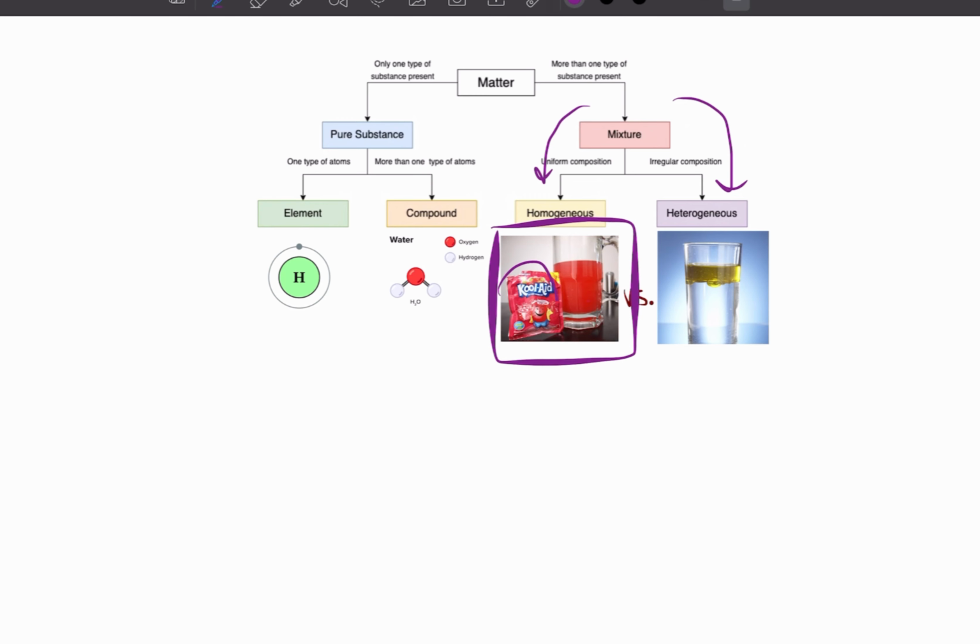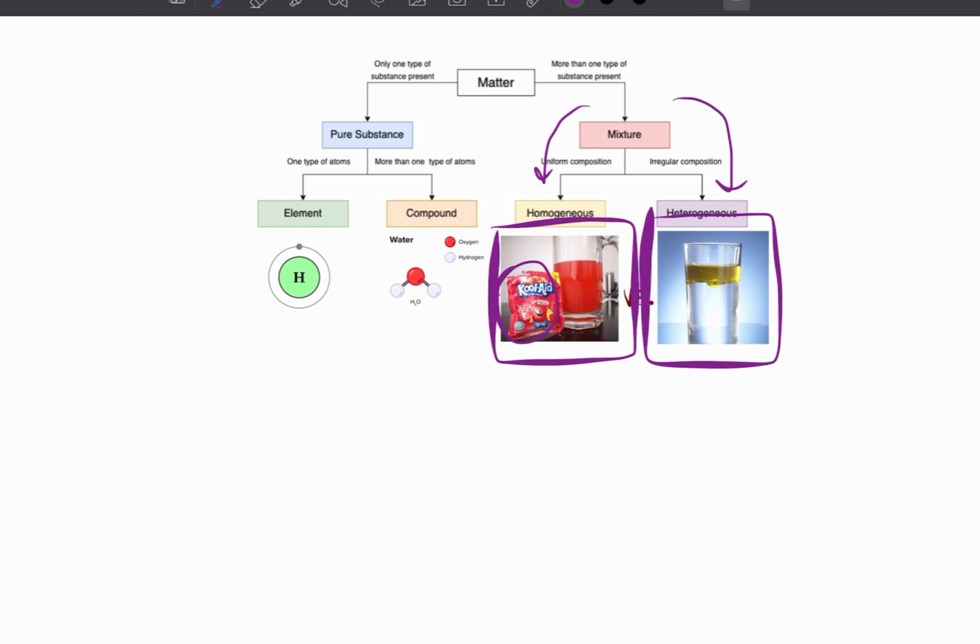You have that little packet of some type of dust, right? You put it into the water, you can mix it, and it's uniform. It mixes well. However, to our right, we have oil and water, which do not mix. They separate. So they are heterogeneous.